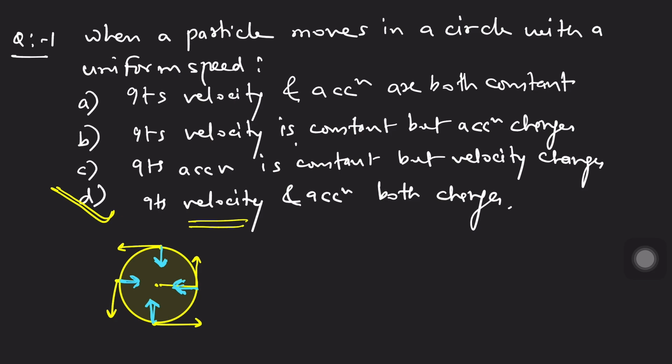Yes, of course it is acting towards the center, but the direction of the vector in space is continuously changing. So we will say that acceleration is also continuously changing in the space or plane, whatever you want to say. So we can say that here velocity and acceleration both are changing. So the correct option in this case is D.